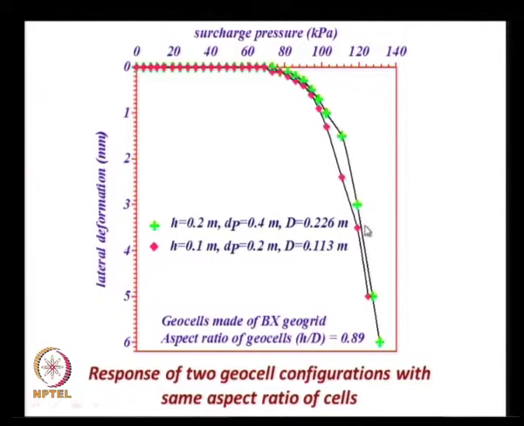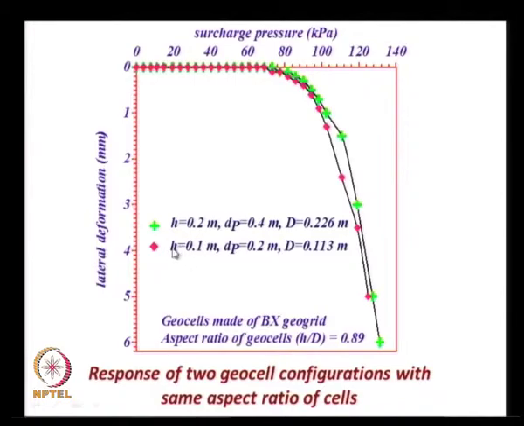This graph shows the two results that were obtained with the same aspect ratio of the geocell, but with two different depths. The green symbols indicate the result for a height of 200 mm and a pocket opening size of 0.4 meters, with an equivalent diameter of 226 millimeters.